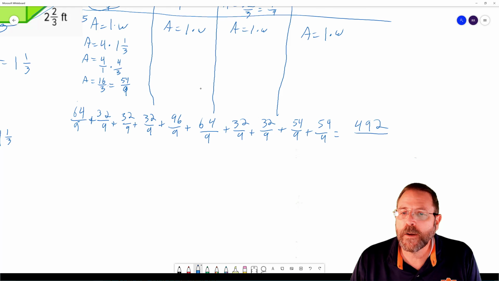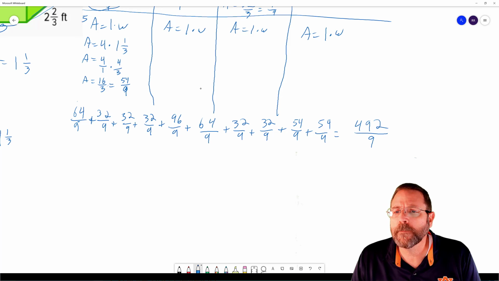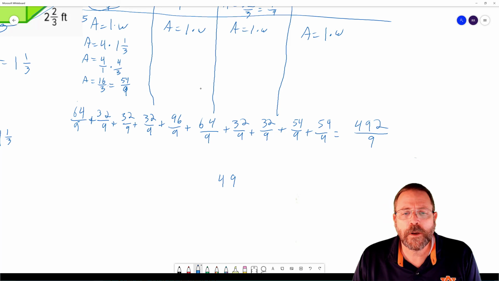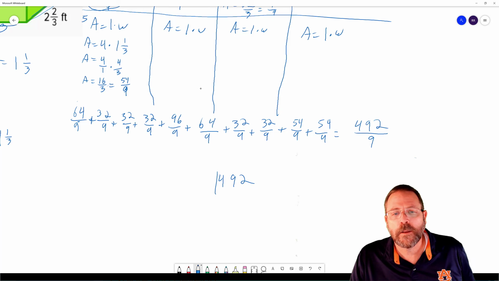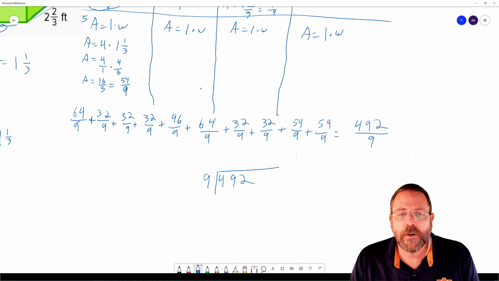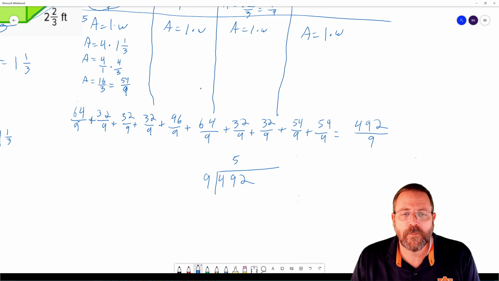492 divided by 9, and that's still not going to be right, I don't think. Yes, it will. 492 divided by 9. 9 goes into 49 5 times. 5 times 9 is 45 with 4 left over.